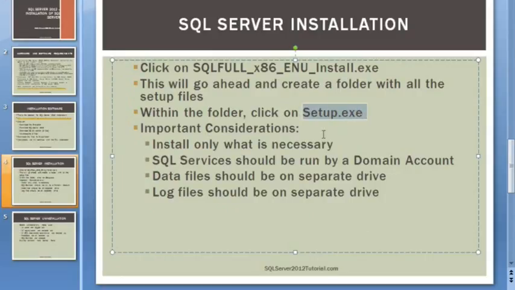Now there are some important considerations, and we will highlight some other ones as we go along, but depending on what you're trying to do, you should only install what's needed. So let's say if you're not going to be using reporting services or analysis, there is really no need to install that on your machine. You should only go for what's necessary in your case.